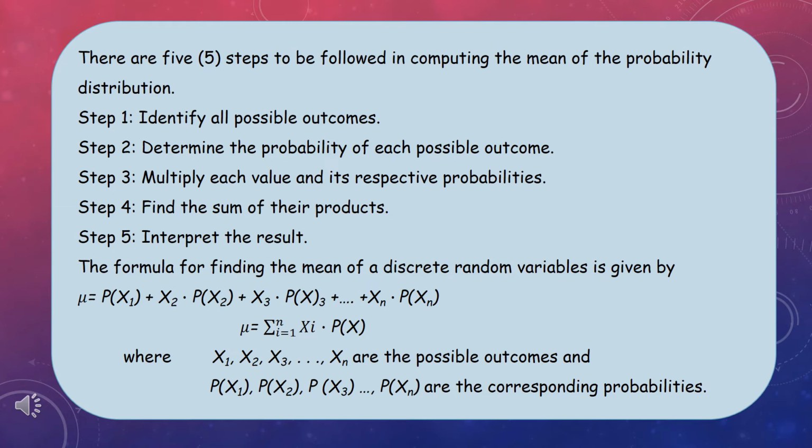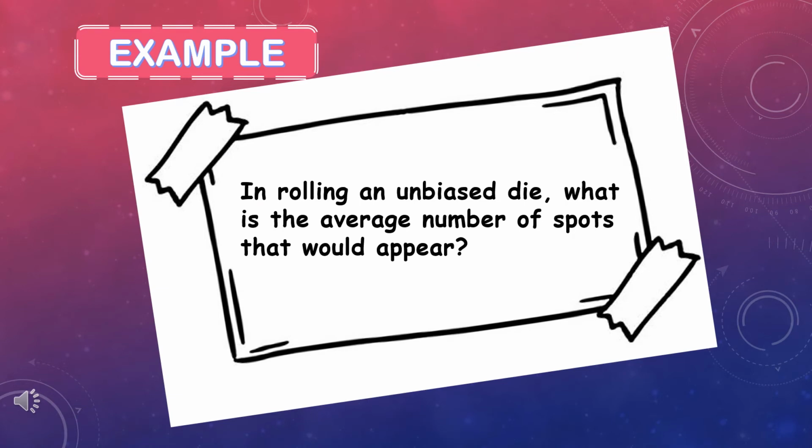Step 3, multiply each value and its respective probability. And we have step 4, find the sum of their products. And step 5 is to interpret the result. Example: in rolling an unbiased die, what is the average number of spots that would appear?